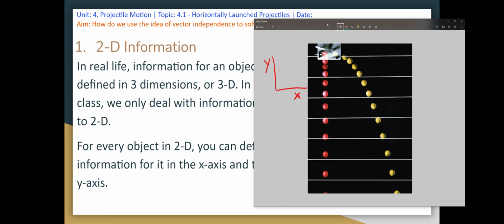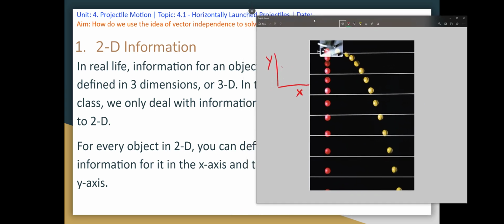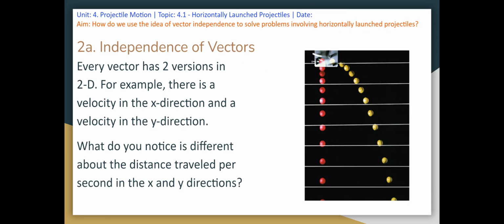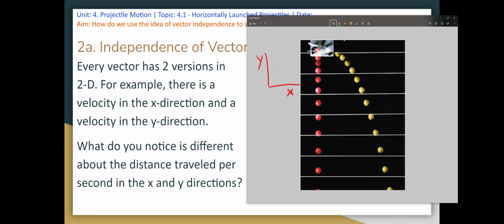Now, for every object in 2D, we can define information for it in the x and y axes. For example, distance: distance traveled in the y-axis. So let's take a look. If you graph each of these points, let me use this green color right here. If you look at the vertical distance that the ball is traveling, this is true for the red and yellow ball.